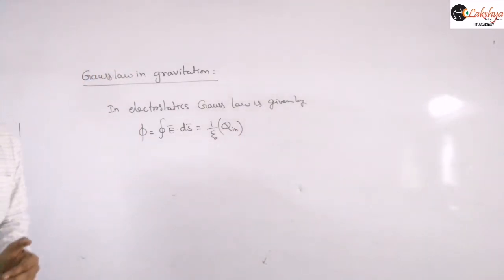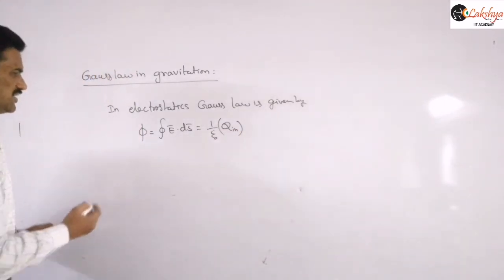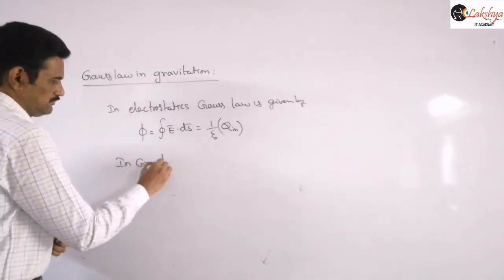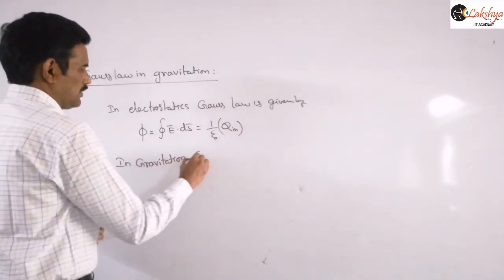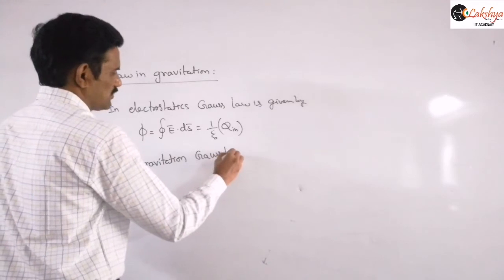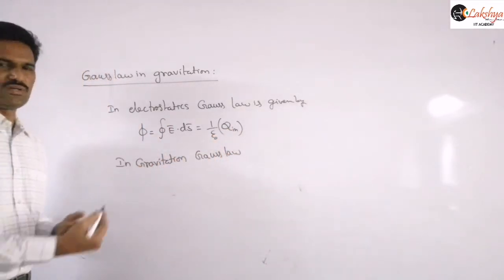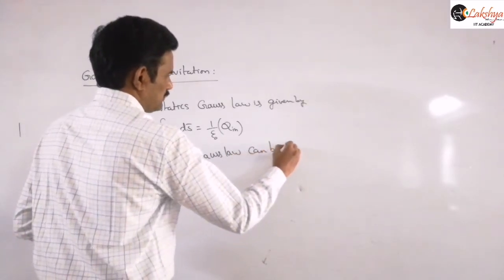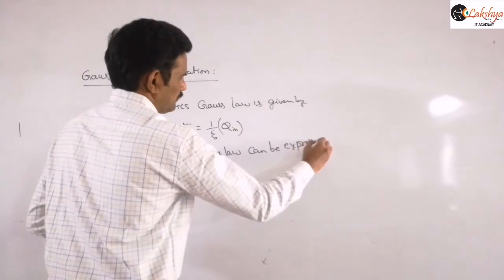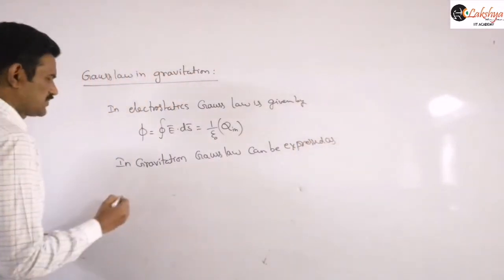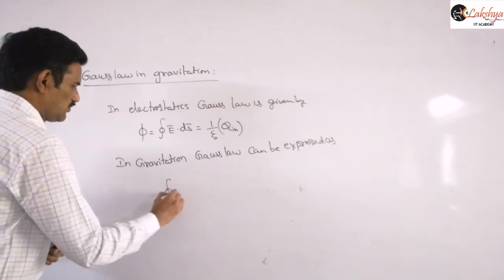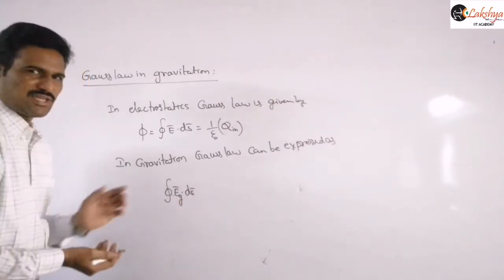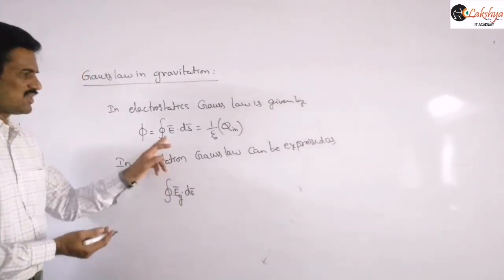Now we are going to convert that in terms of gravitation. In gravitation, Gauss law can be expressed by simply modifying it into gravitation concepts: the integral of Eg bar dot ds bar, where Eg is the gravitational field, whereas here in electrostatics it is the electric field.